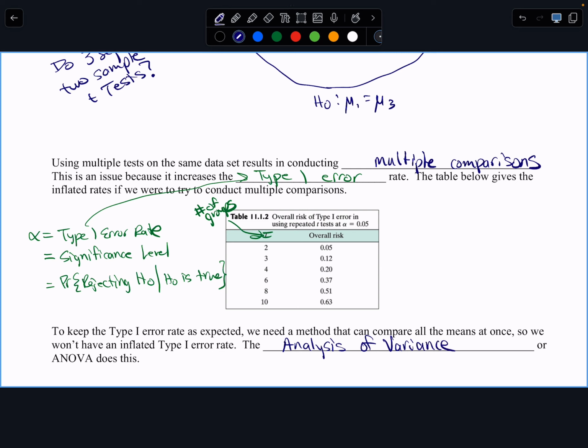And the abbreviation for analysis of variance is ANOVA. So we'll use one single method known as the analysis of variance, or the ANOVA method, in order to just do one test instead of multiple t-tests. And that way we can keep our type 1 error rate the same, because we don't want to have high probabilities of making an error. Okay?